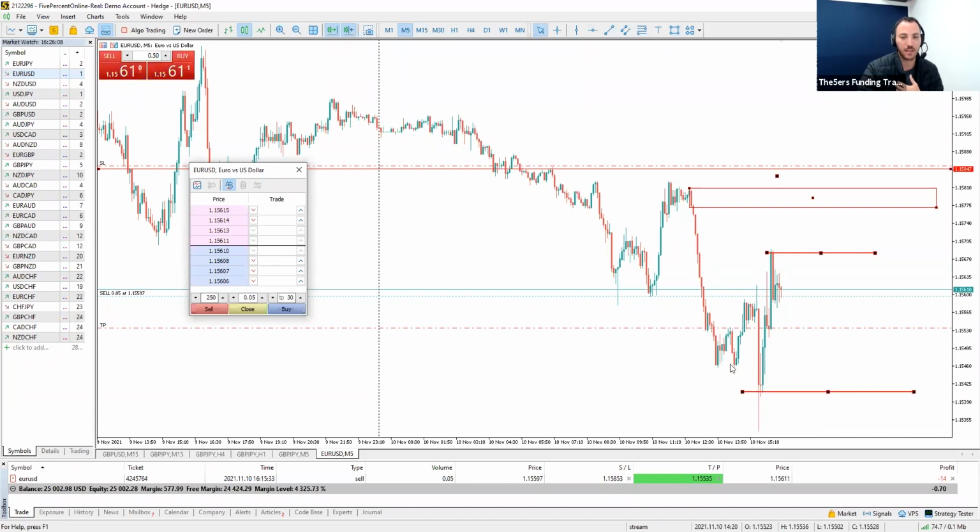That would be my scalp target. The only thing I think is going to happen here is the market to go up. Okay, but we want to demonstrate the technique regardless of the direction.